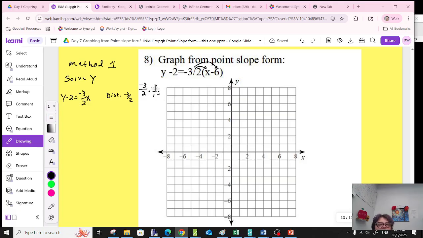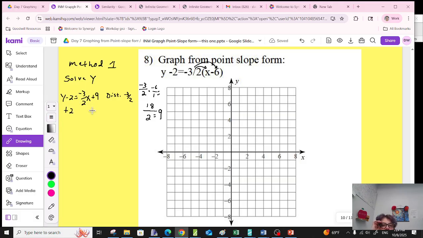What's a negative times a negative? A positive. So that's +18 divided by, what's 2 times 1? 2. And 18 divided by 2 is equal to 9, and that's +9. Now I'm going to add 2 to both sides.